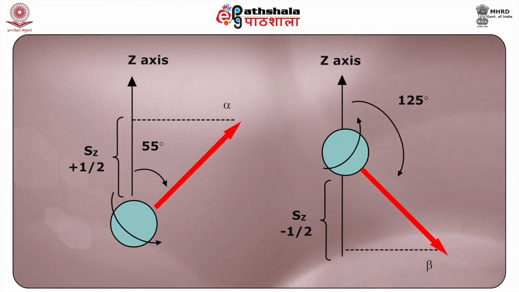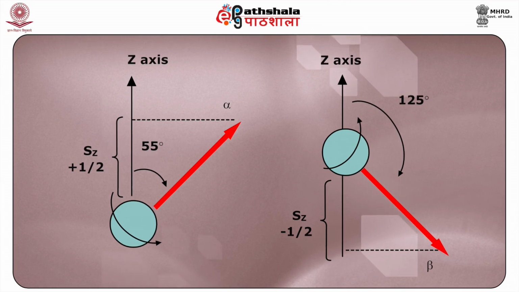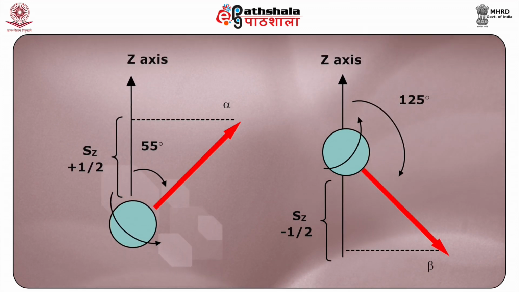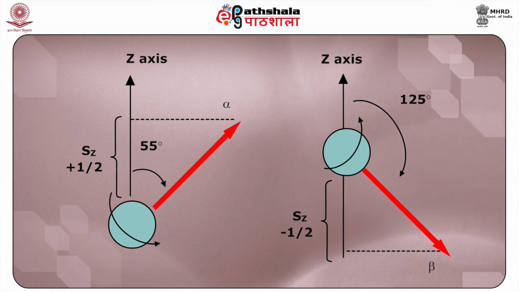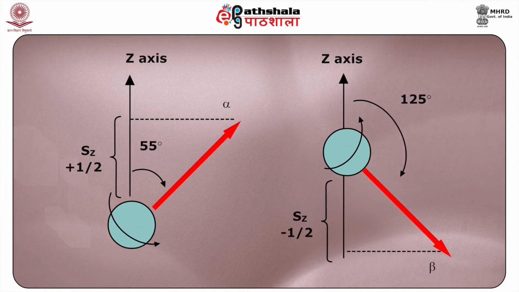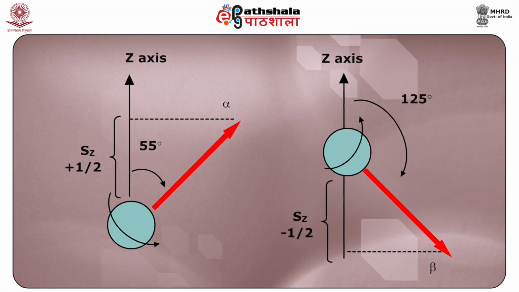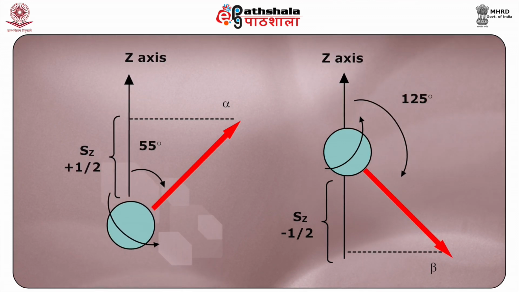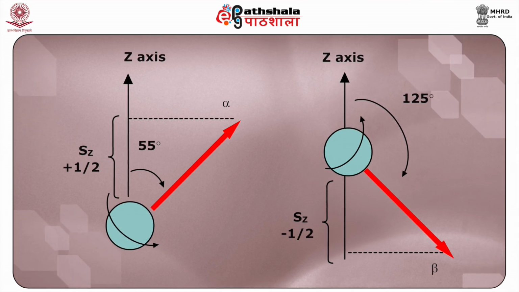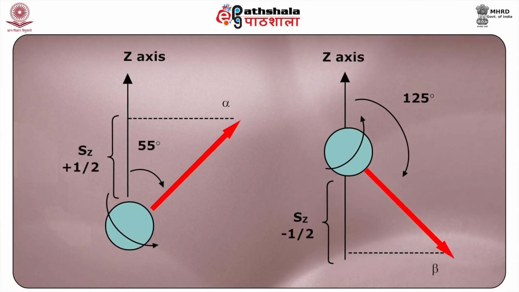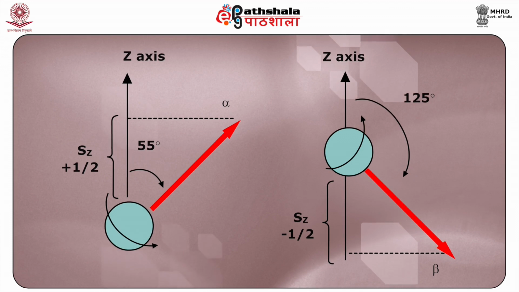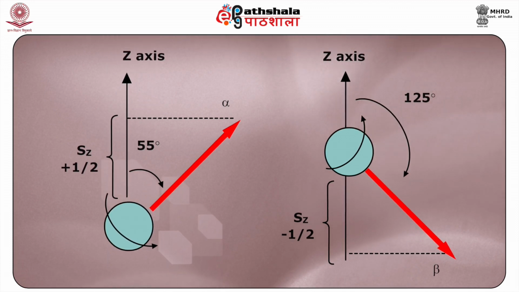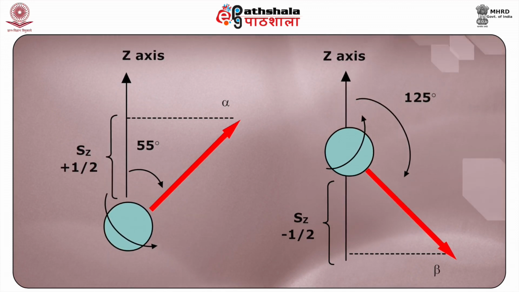In case of multi-electronic systems, the spin momentum of various electrons is coupled together to give a vector sum represented by the symbol S. Associated with capital S is ms, which represents the magnitude of orientation of the spin.